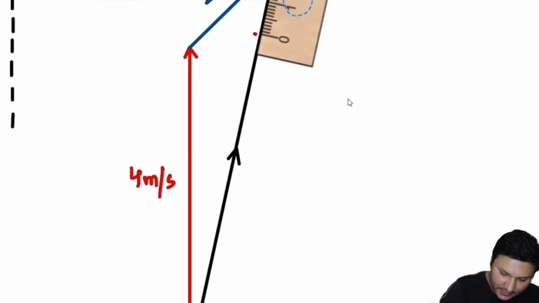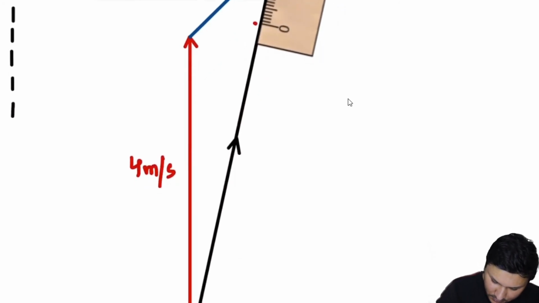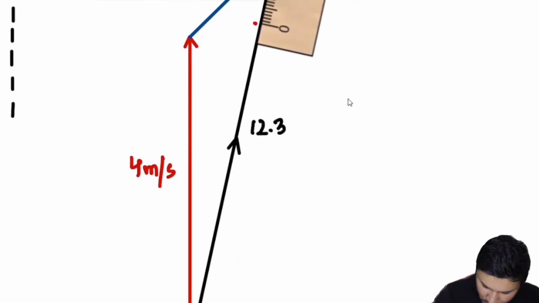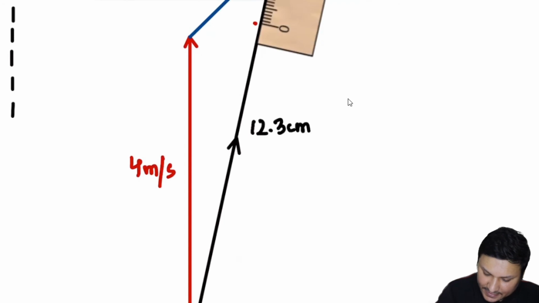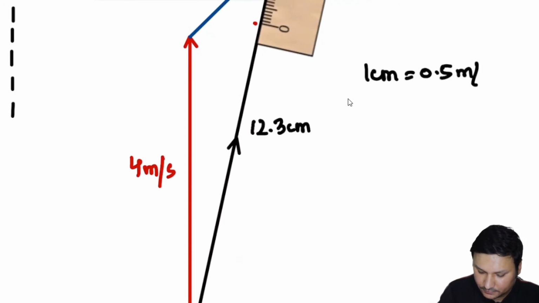The length of this vector is 12.3 centimeters. According to my scale, 1 centimeter was 0.5 meter per second, and 12.3 centimeters is basically x.